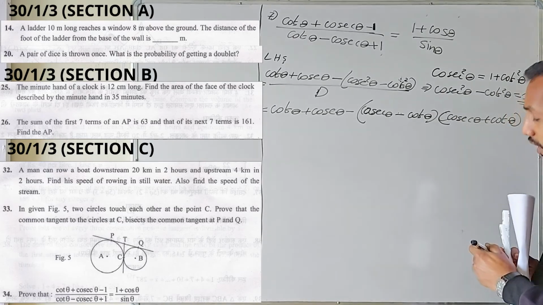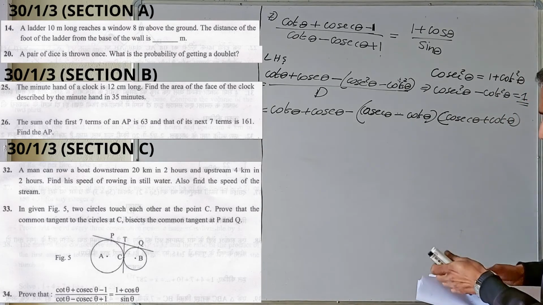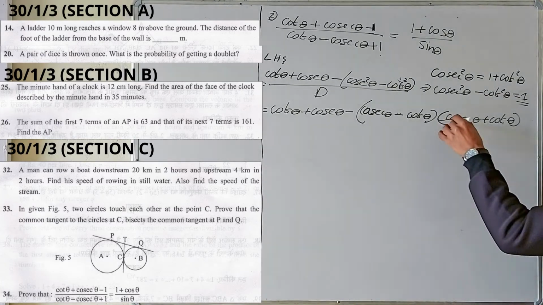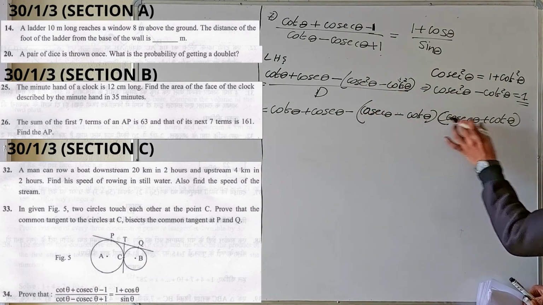Again, a square minus b square is equal to a minus b into a plus b.